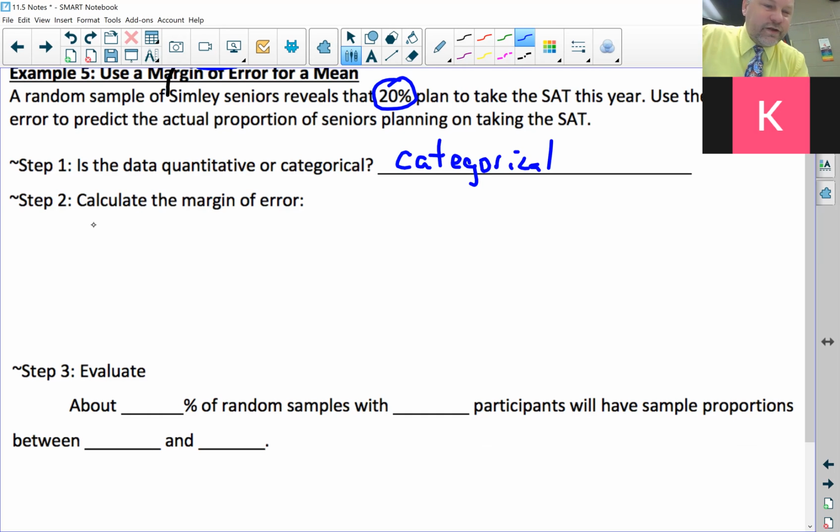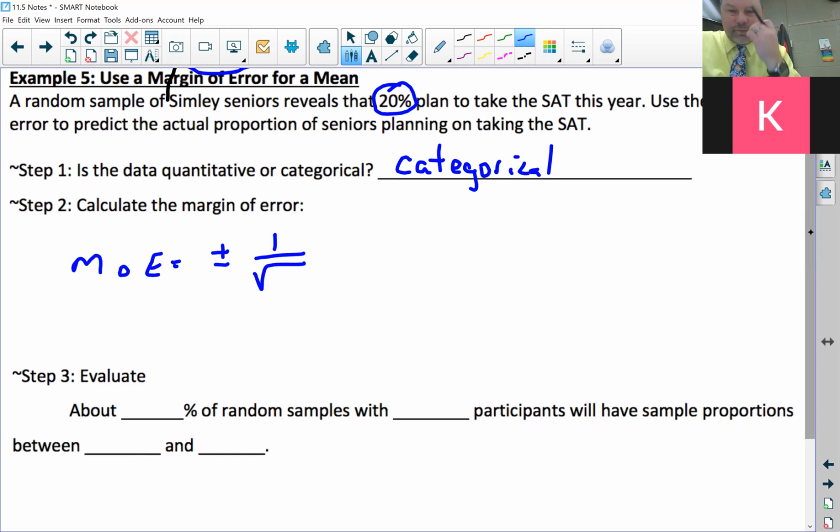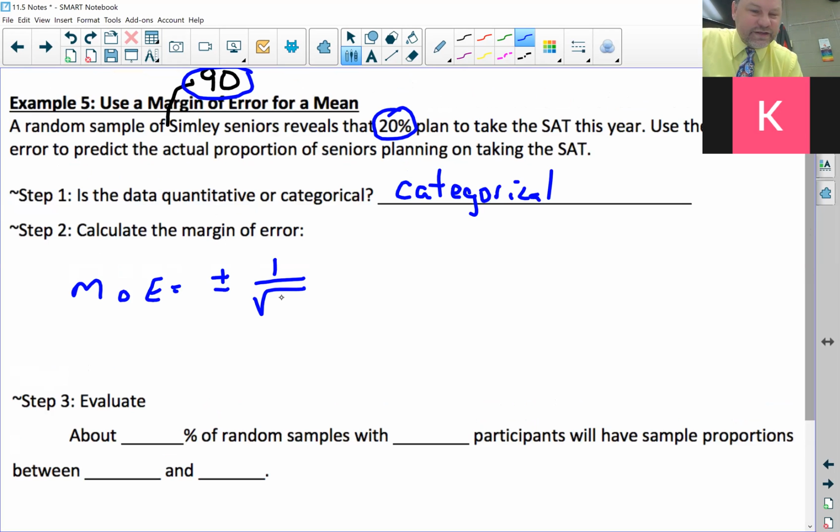So for our margin of error, we're going to take 1 over the square root of the number of people in the sample, in this case 90. So you can see where leaving that value out would have made it impossible to calculate the margin of error. And again, I'm going to round this to the nearest whole percent.